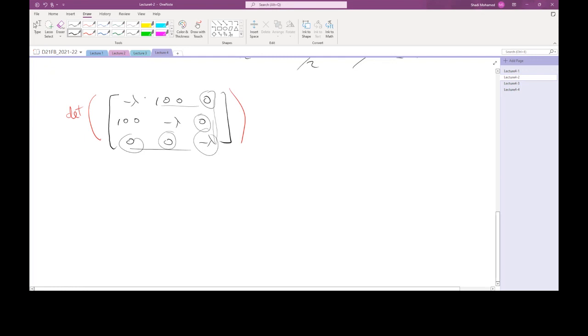So I'm going to expand along this row here. To expand, this is plus, this is minus, this is plus. You have, first of all, minus lambda multiplied by the determinant of this part, so it is minus lambda, 0, 0, minus lambda. And then you have minus 100.